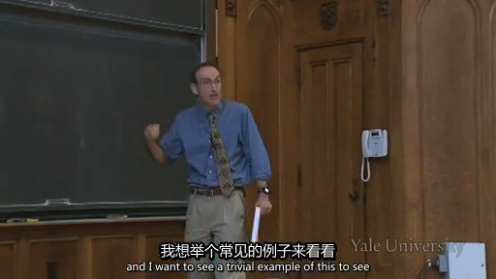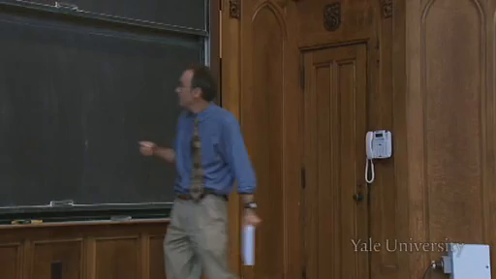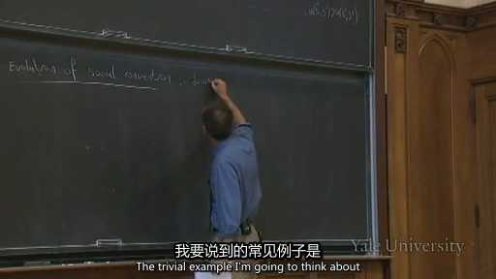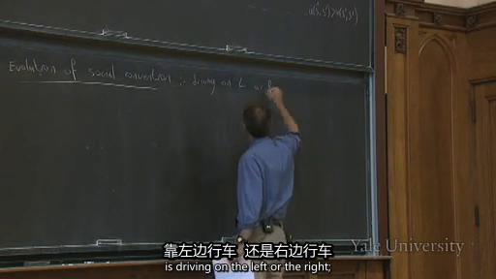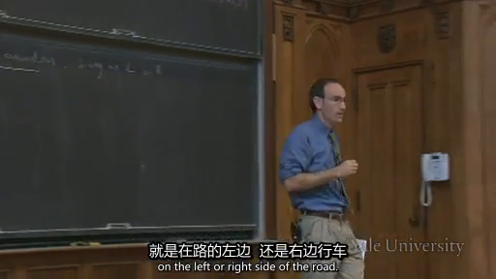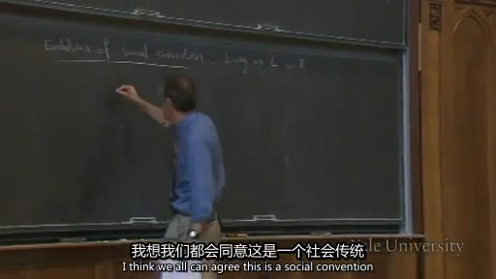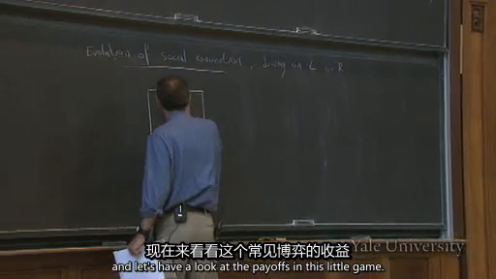I wanted to see a trivial example of this just to see how this might work and see if we can learn anything. The trivial example I'm going to think about is driving on the left or the right side of the road. This is a very simple social convention. I think we all can agree this is a social convention. Let's have a look at the payoffs in this little game.